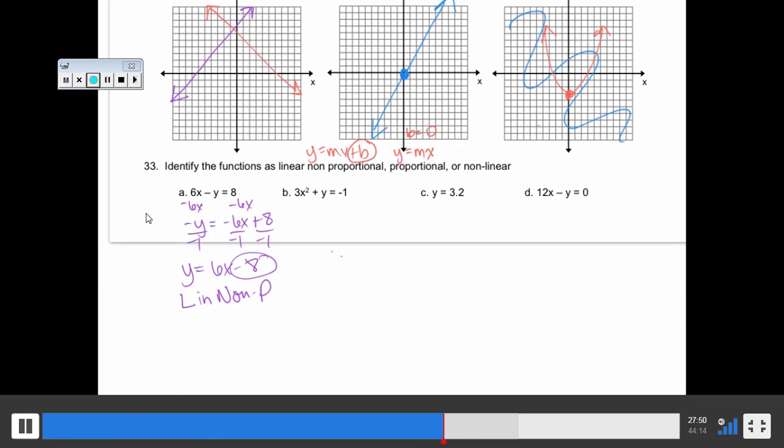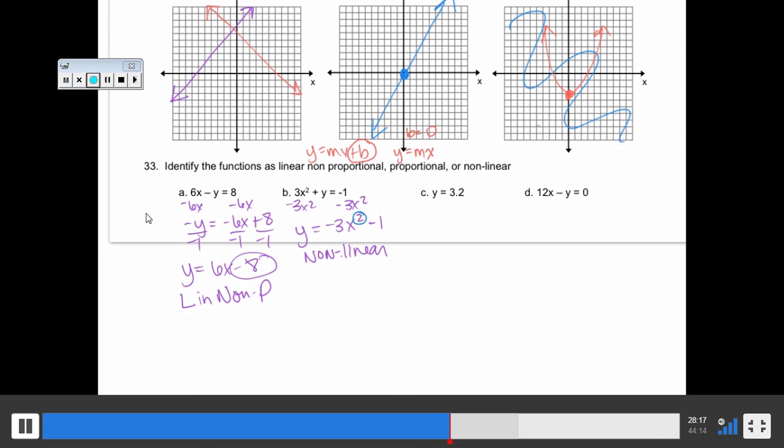Okay, if we look at the second one, if I solve for y, if I subtract negative 3x squared, so y equals negative 3x squared minus 1, I can tell that this is non-linear because it has an x squared. And that would have to be a 1 as an exponent to be linear.